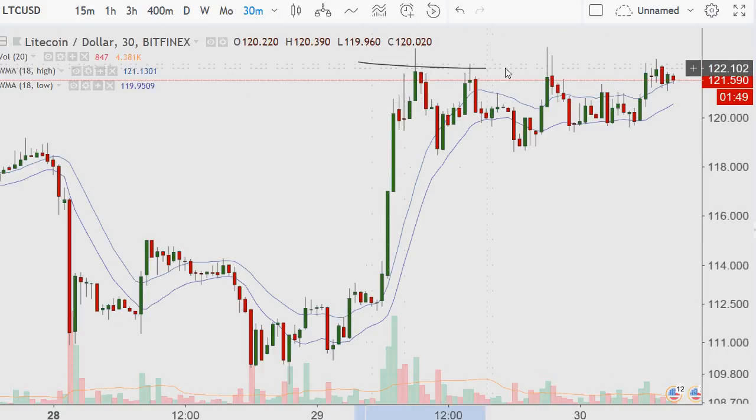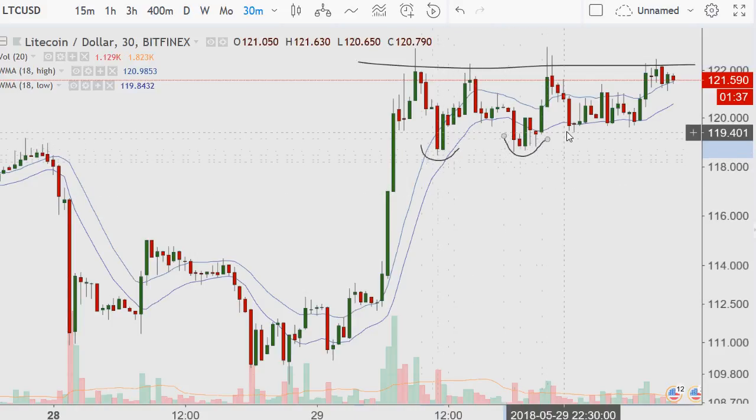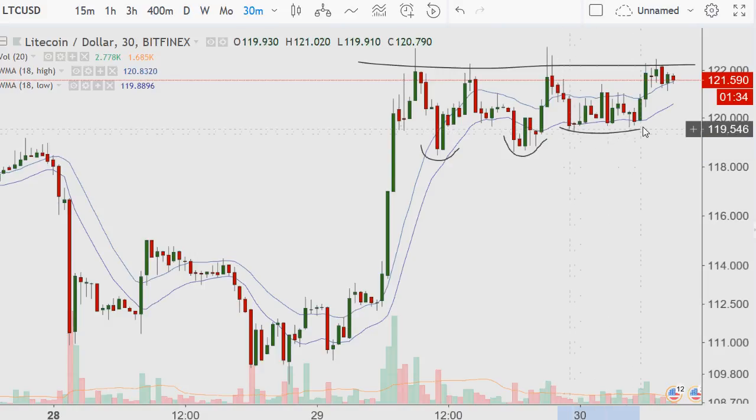What we got here is major resistance at about $1.22. Multiply by 100, 122, or $1.22 for 0.01 Litecoin. Yeah, how about that? So all these levels of support have held very nicely.